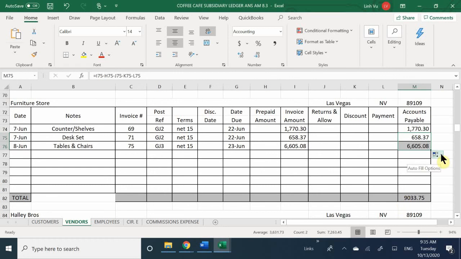So I'm already owing, out of the $10,000, I'm already owing this vendor right here so much money. Okay. And they're all going to be due pretty soon. They're going to be due on the 23rd, the 22nd, and the 23rd. So I need to make sure I have enough money on the side to be able to pay for this. Okay.